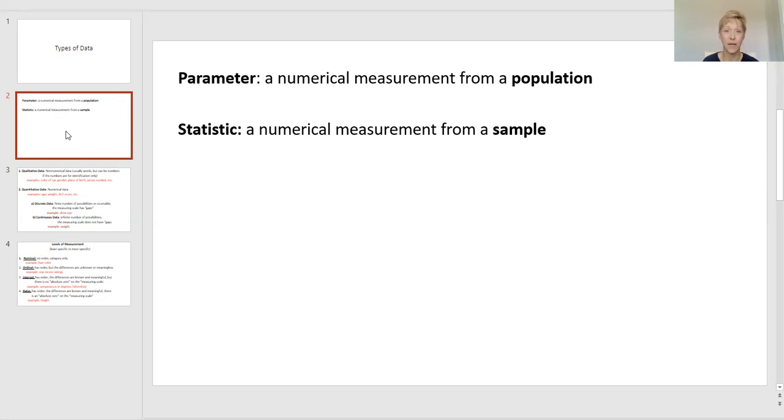So in order to distinguish between the two, toward the end of the semester, you'll notice that parameters tend to use Greek letters, like mu, alpha, or sigma. A lot of times statistics use English letters. So that's a quick way when you're reading a study. If you see a Greek letter, it's probably a parameter. If you see an English letter, we'll talk about it later, it's probably going to be a statistic. But we'll get into that a little bit more as we go.